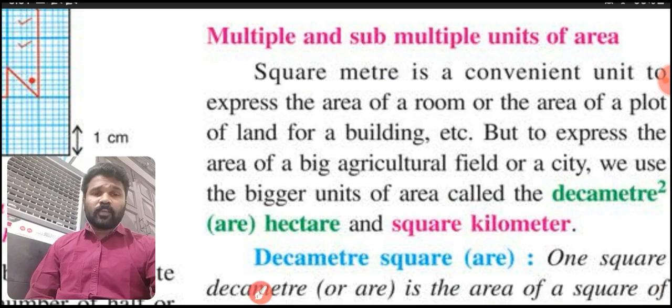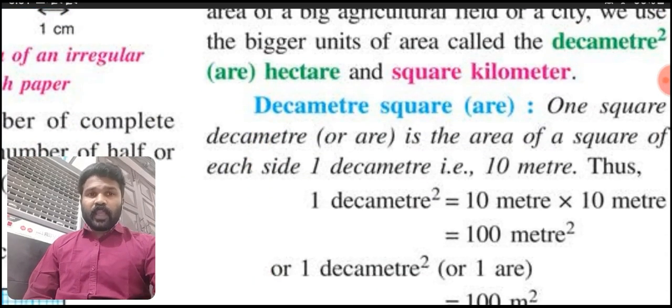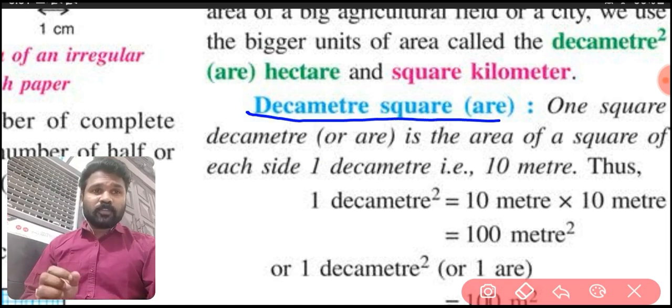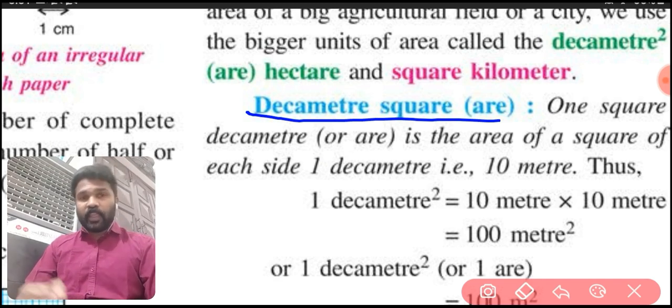Now we are going to discuss what is decameter square or are. 1 square decameter or are is the area of a square of each side 1 decameter, that is 10 meter.